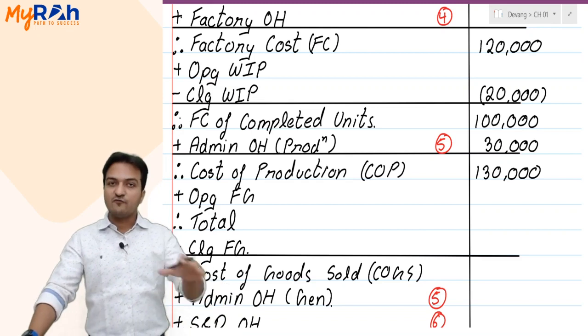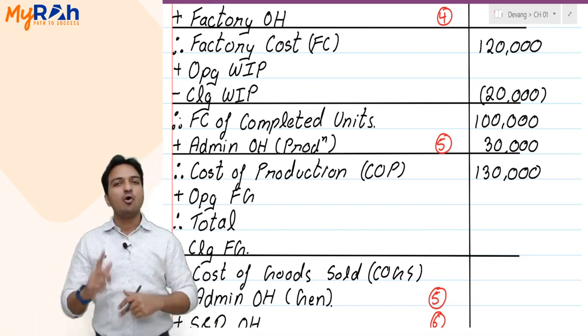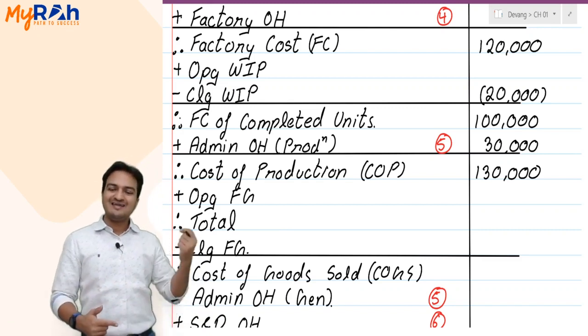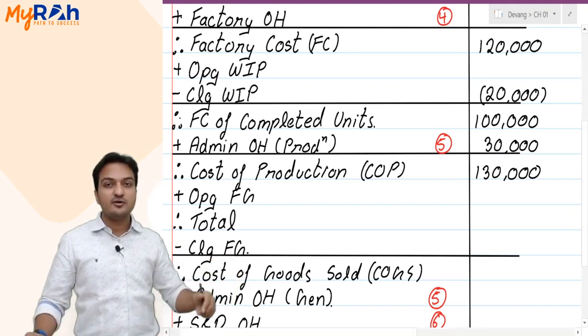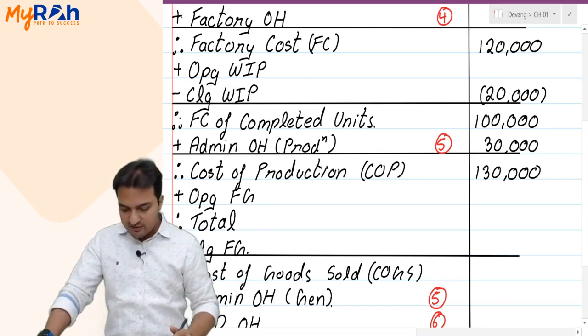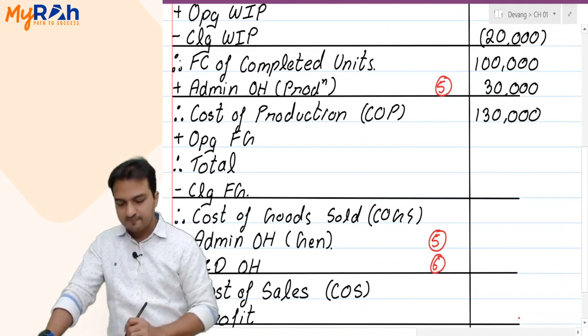Now, out of all the units that I have produced, not necessarily all the units I have sold. You remember, ultimately I wanted to reach cost of sales. Cost of sales means the cost of those units which I have sold.